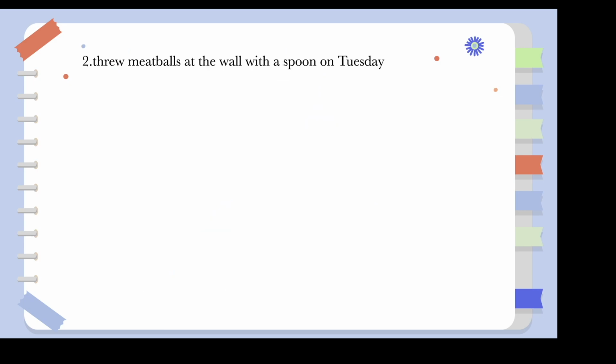Let's have a look at a more complicated verb phrase like threw meatballs at the wall with a spoon on Tuesday. So meatballs will be our complement. At the wall will be the first adjunct, with a spoon will be our second adjunct, and on Tuesday is the third adjunct.